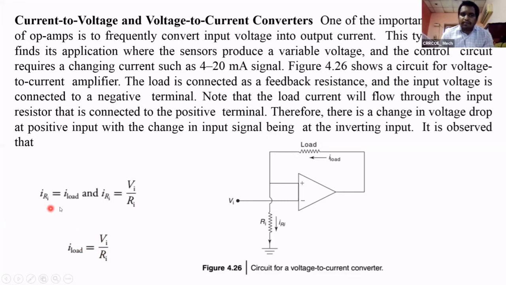We know the input voltage and input resistance. By this relation we can convert the input voltage into output current, the load current. By using this amplifier circuit, we can convert the input voltage into output current with the help of these relations.